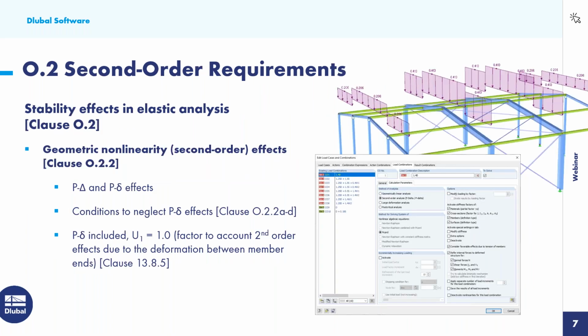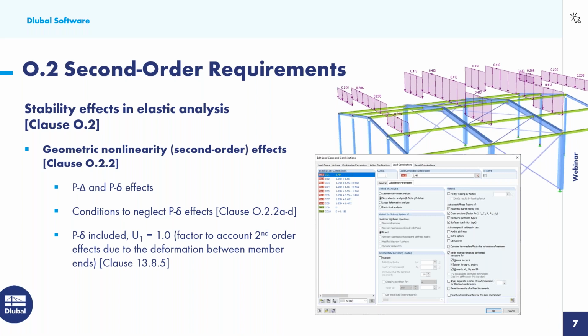But let us get into the new Annex O. And again, in particular, we're going to refer to stability effects in the elastic analysis according to Clause O2. So there are a few different requirements here. Now, the first is geometric nonlinearity, and this is for second order effects that are required.